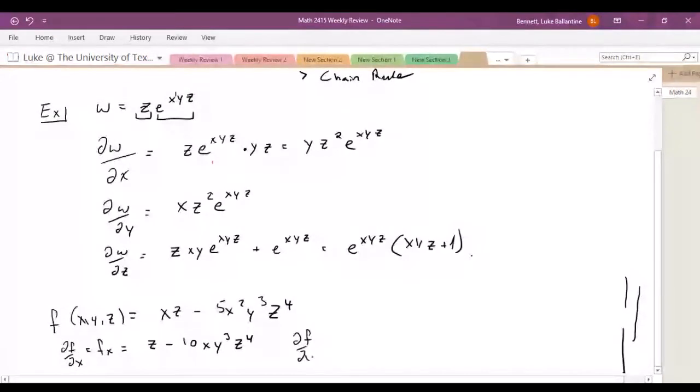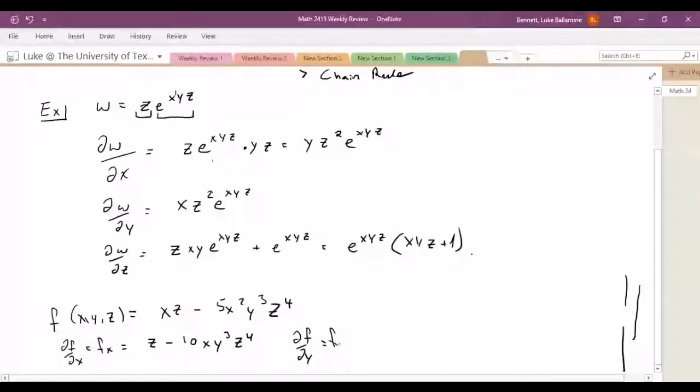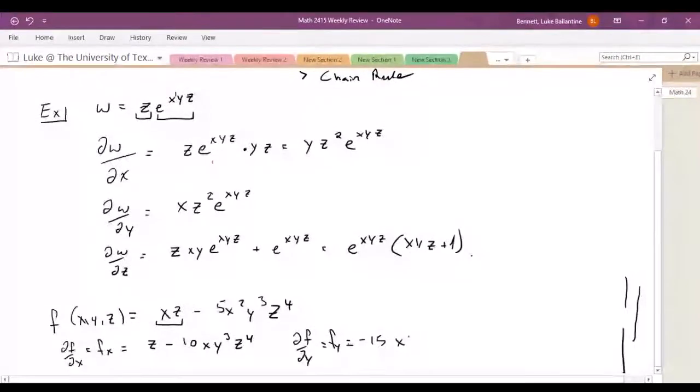The partial of f with respect to y, we just write it as f sub y, is equal to, well, this first term is just a constant with respect to y. And then the next one we have a y cubed, everything else is constant. So we have negative 5 times 3, negative 15 x squared, y squared, z to the fourth.